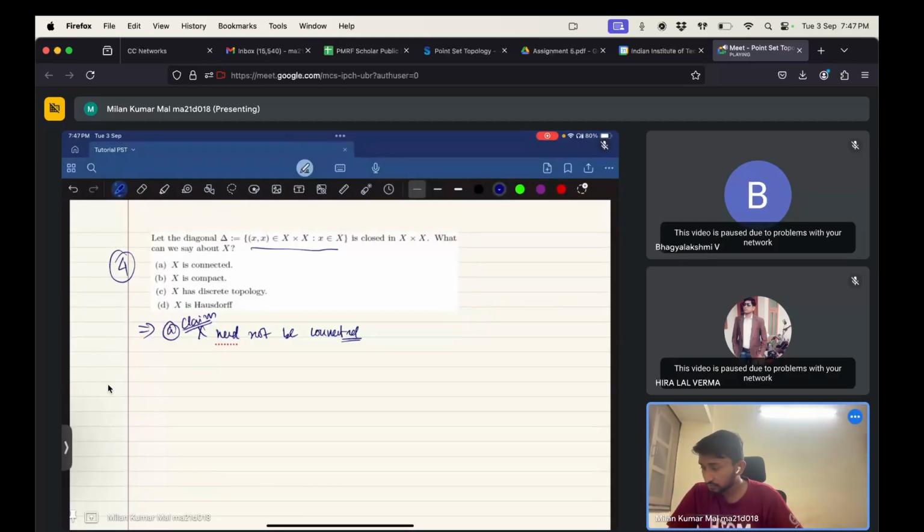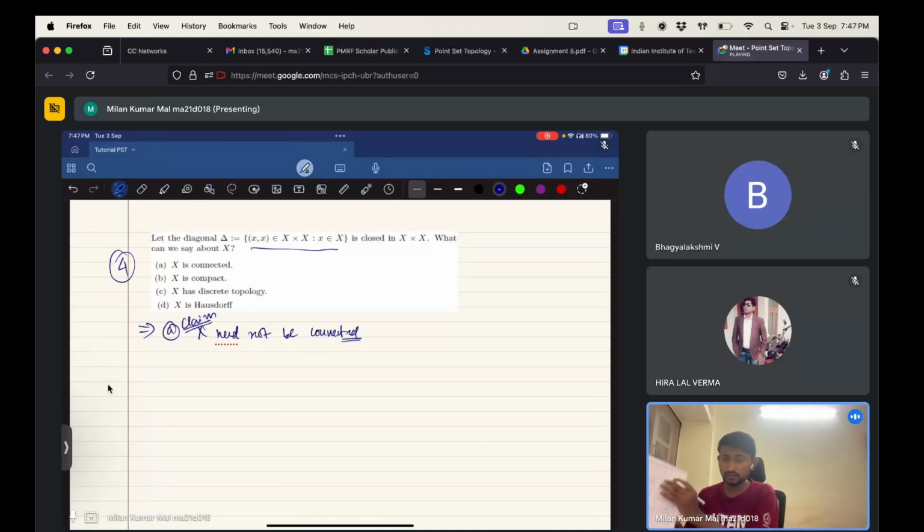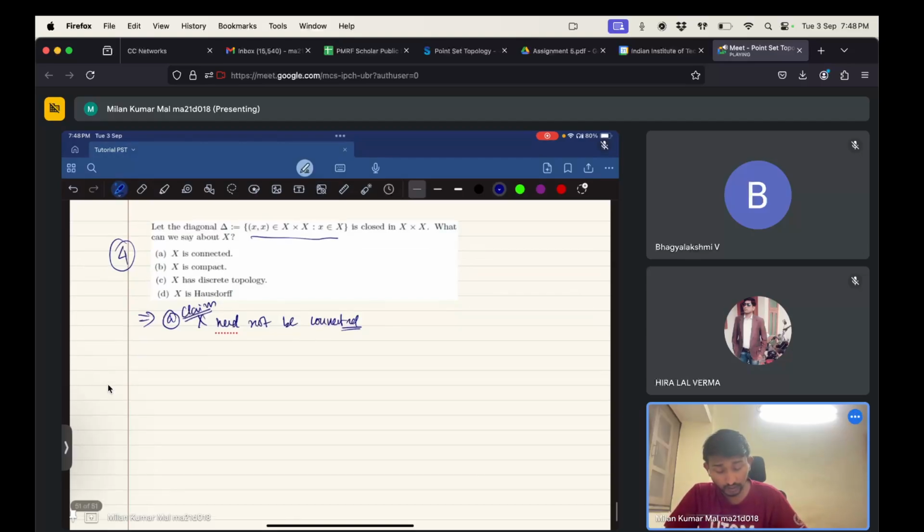I think I can take the discrete topology directly. Okay, X need not be connected, that I need to show.